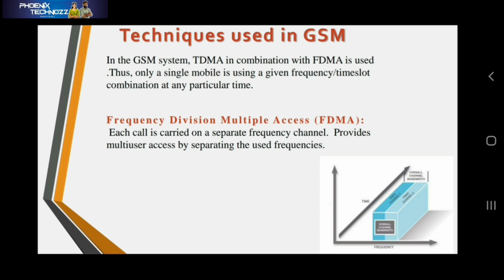The GSM system uses TDMA in combination with FDMA. That is, it can use either time division multiple access or frequency division multiple access. That is, it can divide either along the bandwidth or along the time duration.